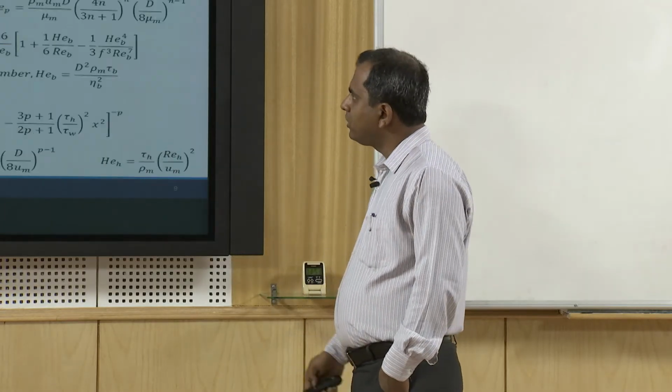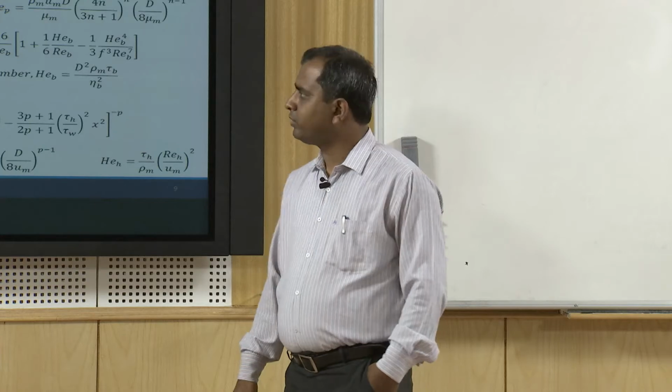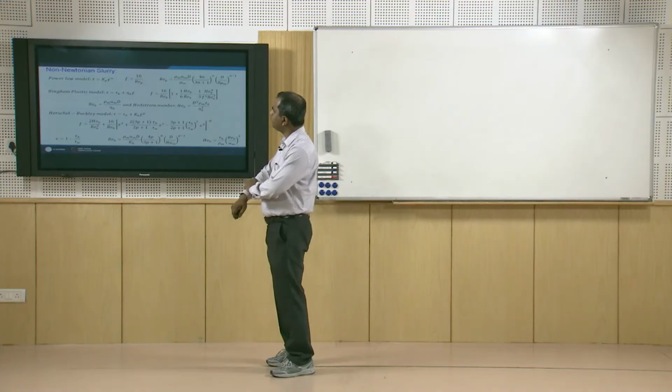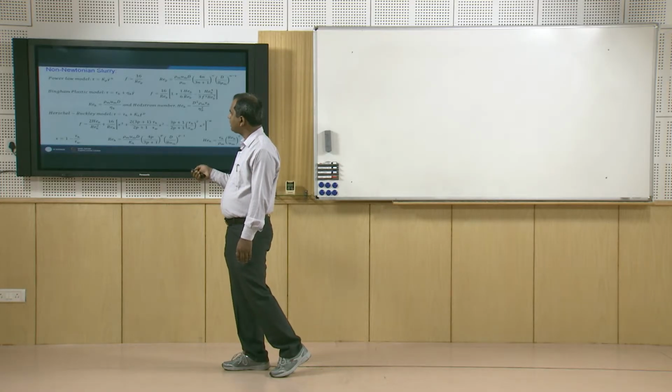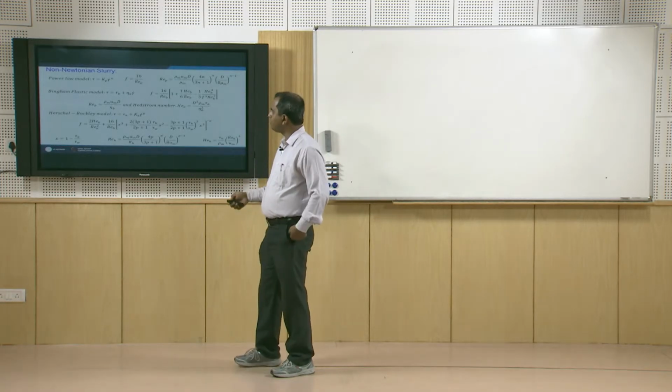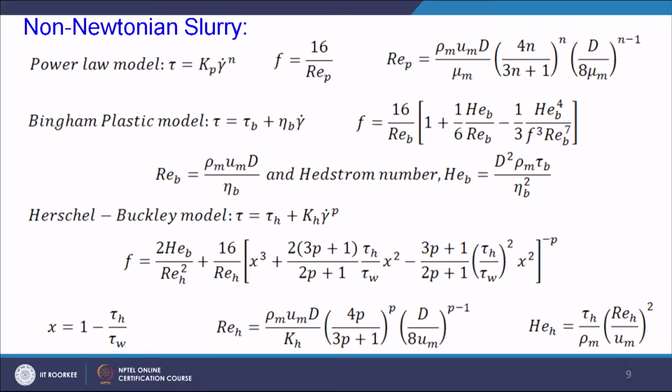So, if we go for the non-Newtonian version of this one, so here I have shown you 3 different non-Newtonian models: power law, Bingham plastic model and Herschel-Buckley model. So, all of we know from fluid mechanics that for power law tau is equals to Kp gamma to the power n, for Bingham plastic tau is equals to tau b plus eta b gamma to the power n, and for Herschel-Buckley this is tau h plus Kh into gamma to the power p.